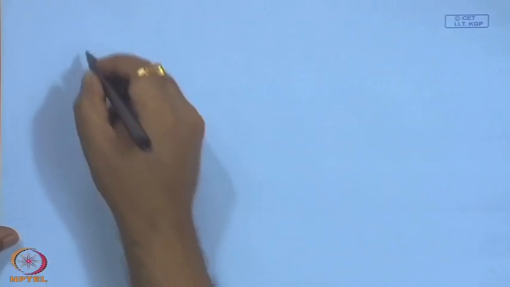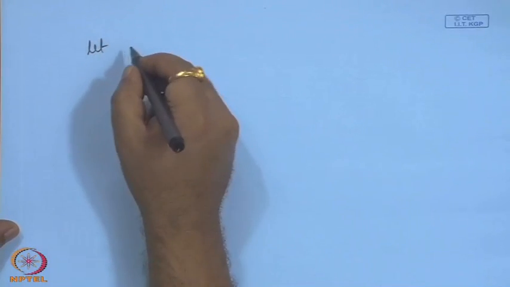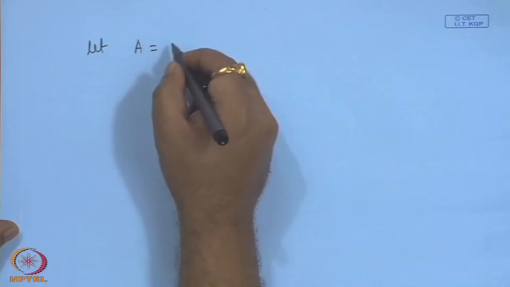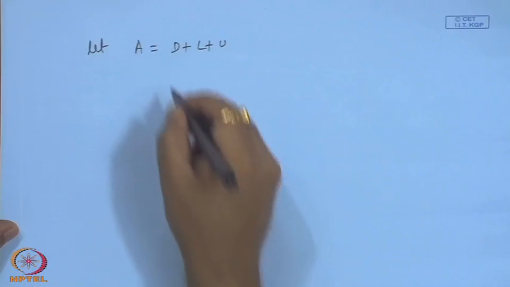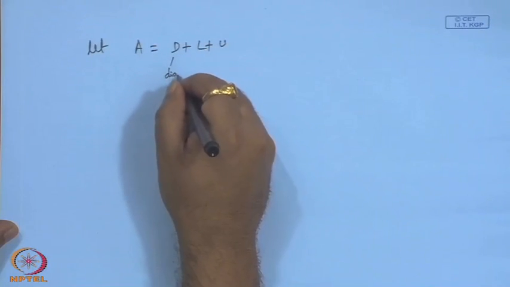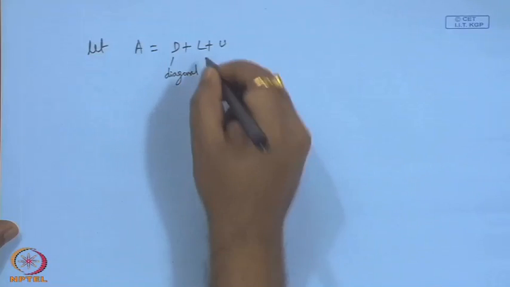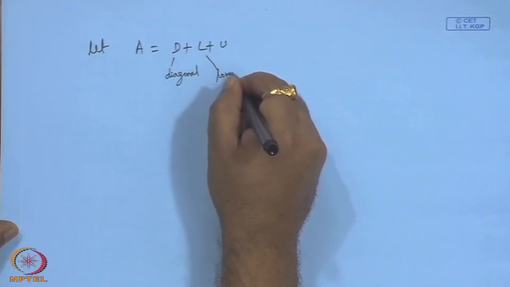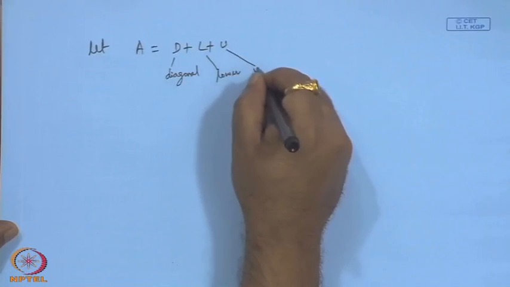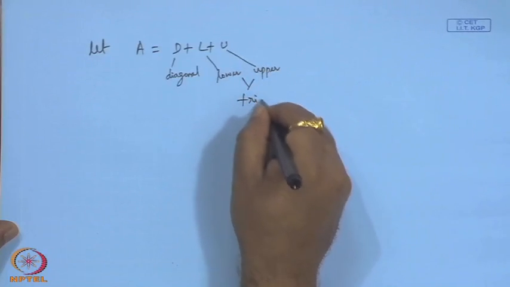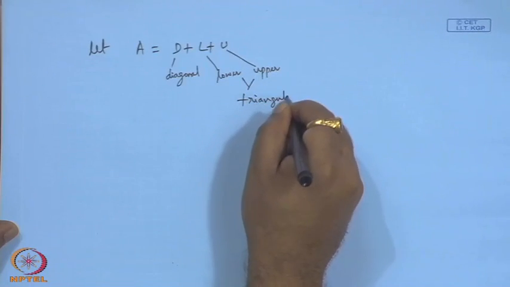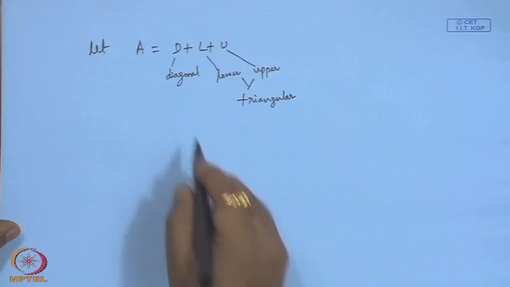Let A be D plus L plus U, where D is diagonal and L and U are lower and upper triangular matrices.